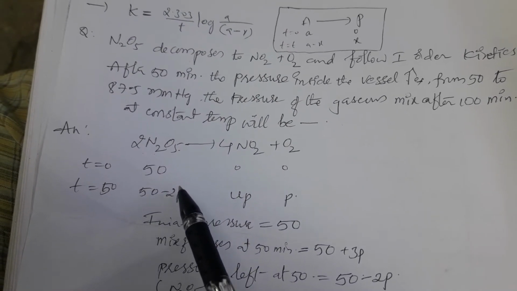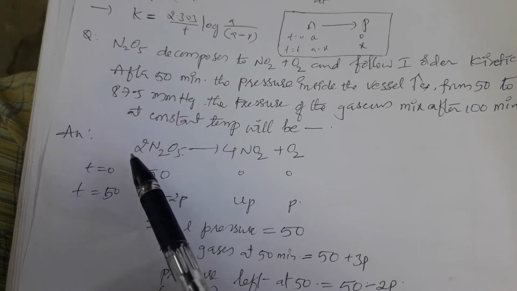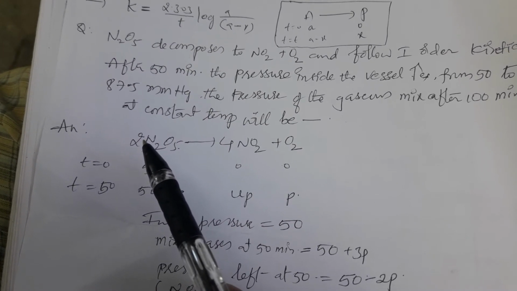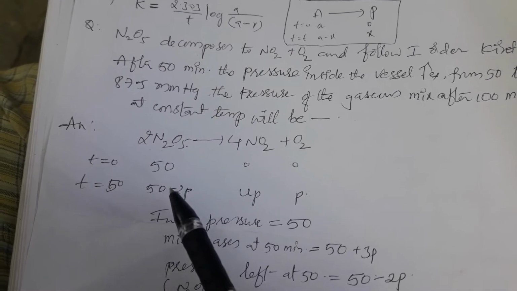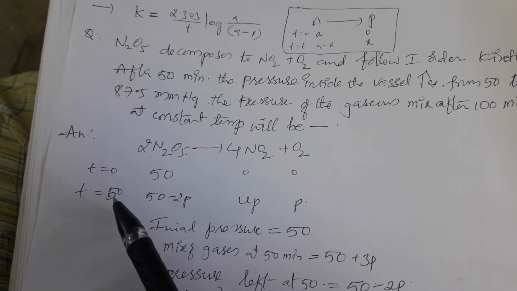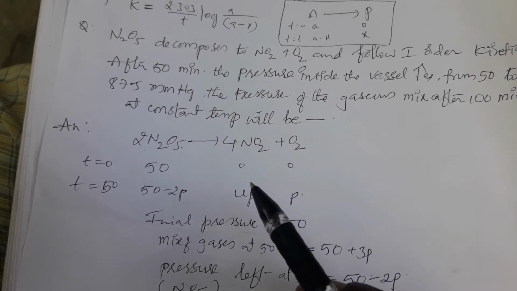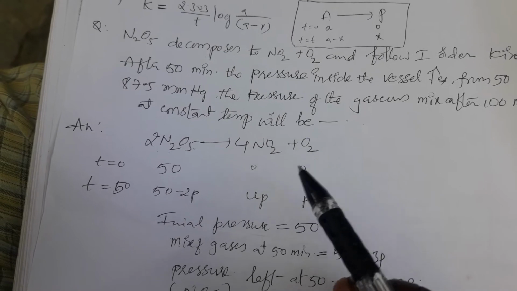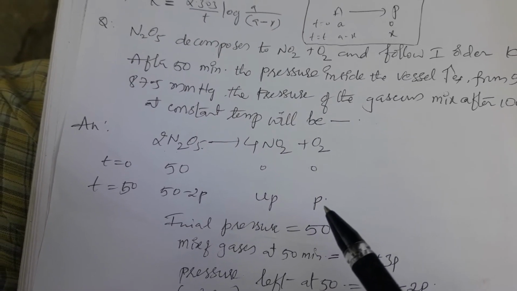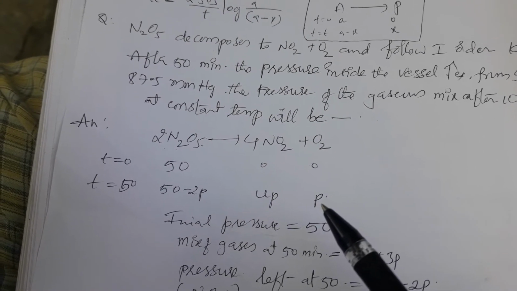Why should we write 2p? Because the number of reactant moles initially is 2, so 2 times p decreases at 50 minutes. At the same time, 4 moles of NO2 are formed and 1 mole of O2. So 4 times p pressure will be formed, and 1 times p here.